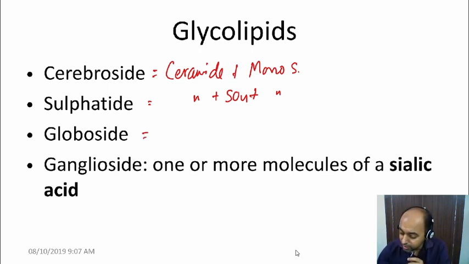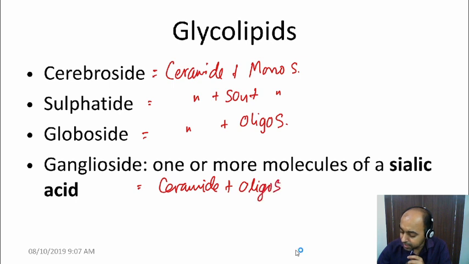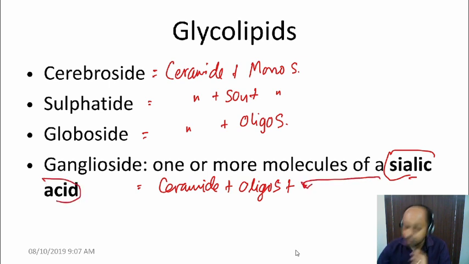In globoside, we don't have the monosaccharide, rather we have the oligosaccharide. And in ganglioside, we have the ceramide plus oligosaccharide plus, as mentioned, the sialic acid. One or more sialic acid may be present.